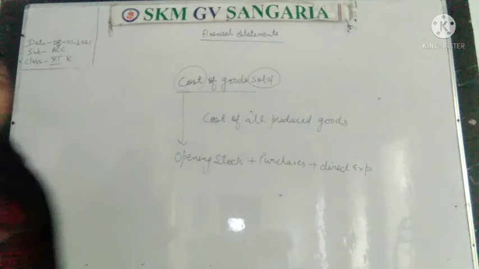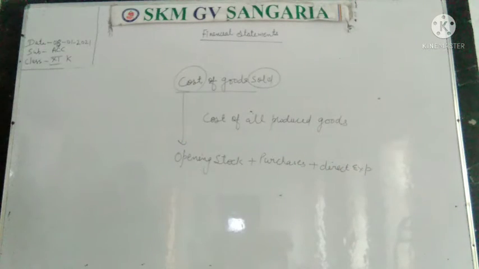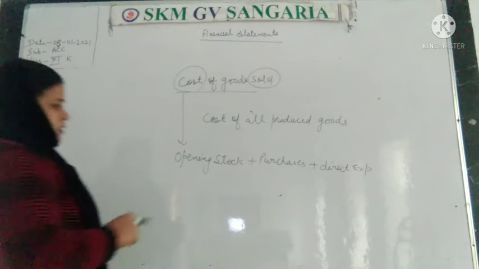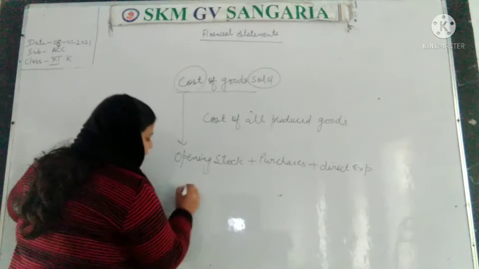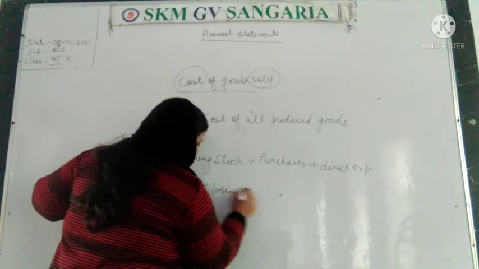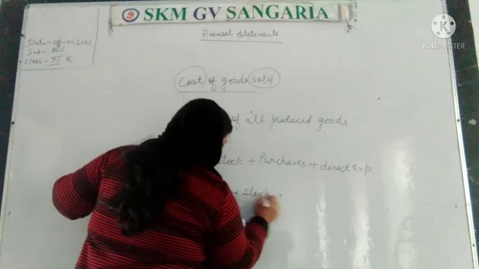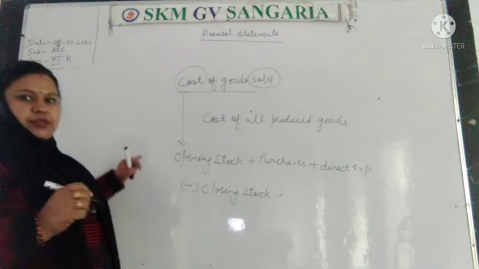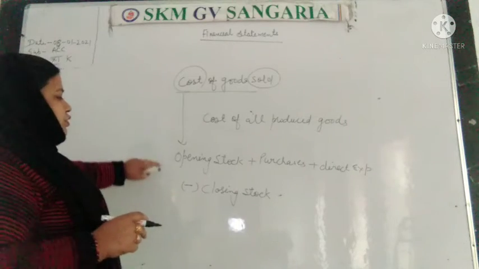Opening stock plus purchases plus direct expenses, and minus closing stock. Okay, what is the formula for calculating cost of goods sold?